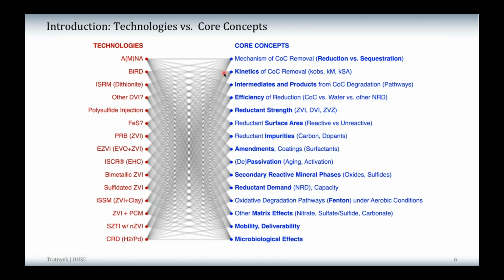When I originally started drawing this, my thought was that I was going to draw connecting lines between each technology and the most relevant core concepts, but then I got bogged down deciding which lines to draw. So I threw up my hands and drew everything connected, because the more I thought about it, in almost all cases, the core concepts apply to all the technologies.